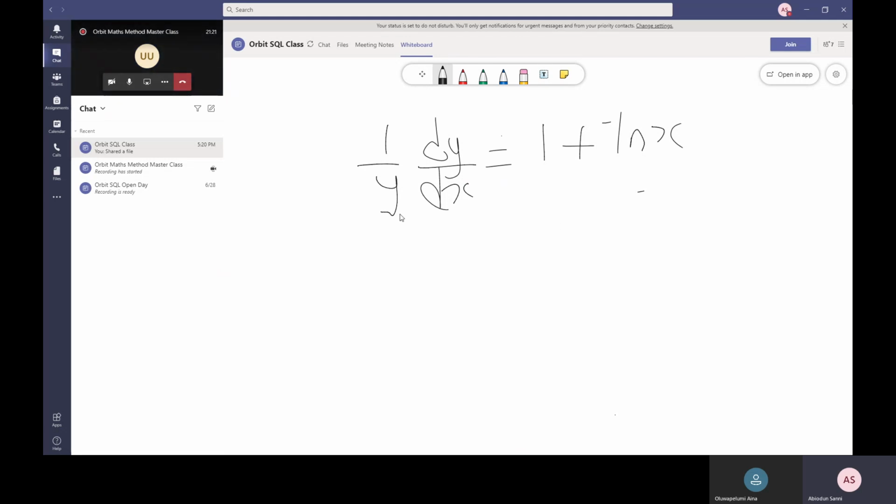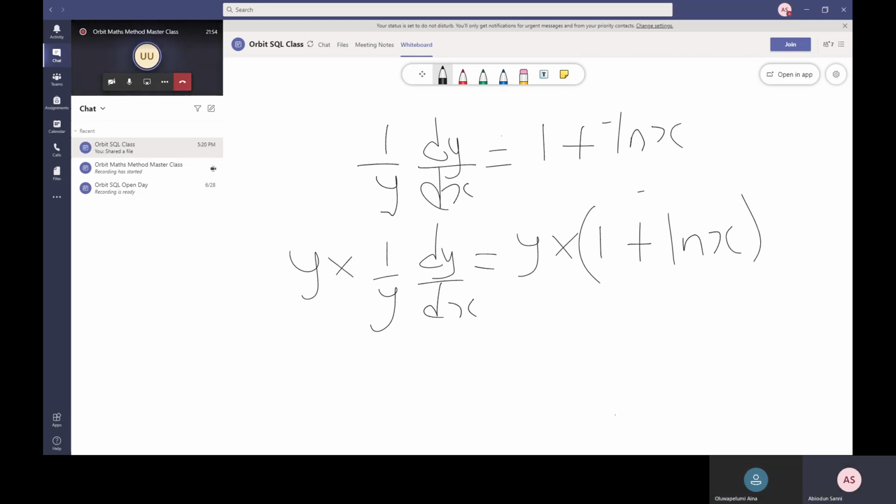So I have to multiply both sides by y to get rid of this. It means anything I do to the left, I must do to the right. So why am I multiplying by y? So that I can get rid of the y at the bottom. So I'll do y times 1 over y dy/dx equals y times (1 plus ln x), so that this y cancels this y.